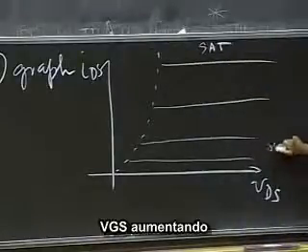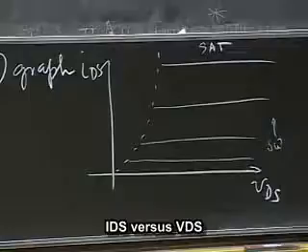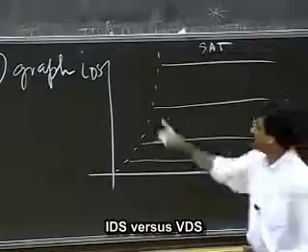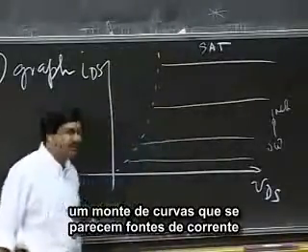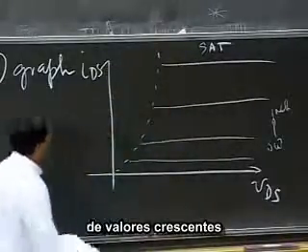Okay, so VGS increasing. And so IDS versus VDS has a bunch of curves that look like current sources of increasing values.